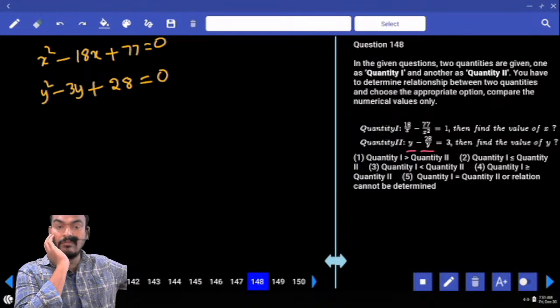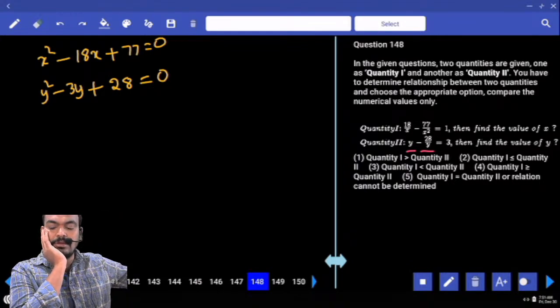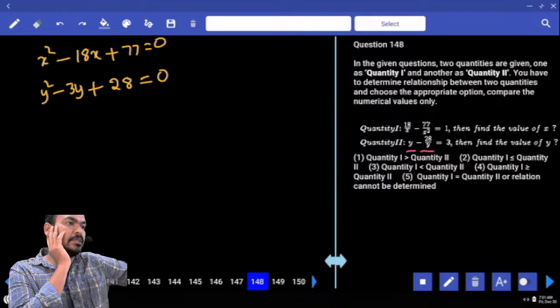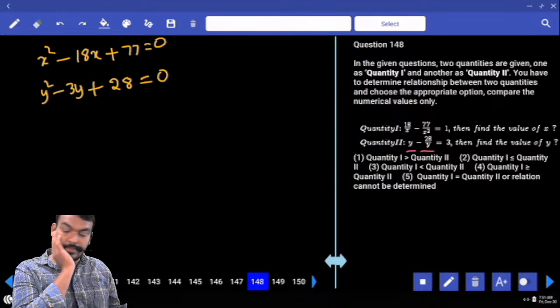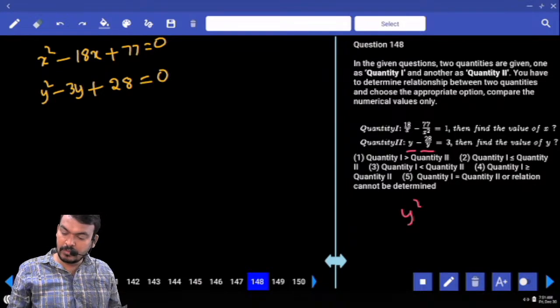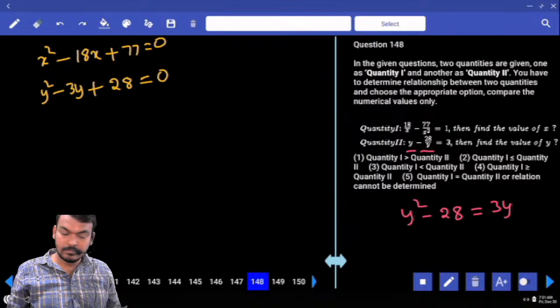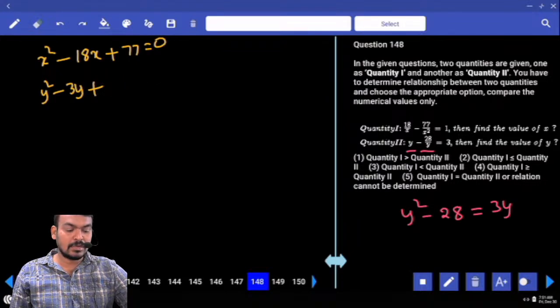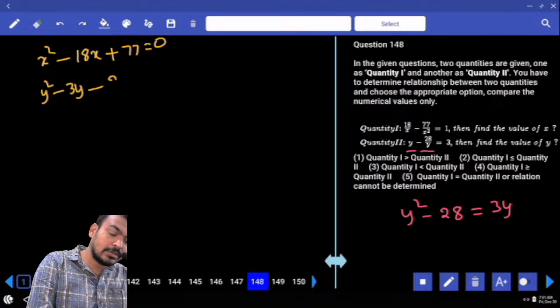Plus 3y becomes minus 3y, minus 28 stays as minus 28, so y square minus 3y minus 28 equal to 0.